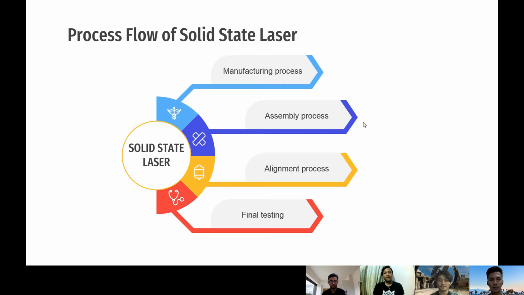In the first process, which is the manufacturing process, a high purity oxide powder compound is placed in a crucible, and it is placed in a radio frequency furnace at a high temperature until it is melted.